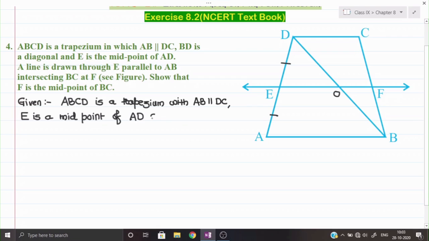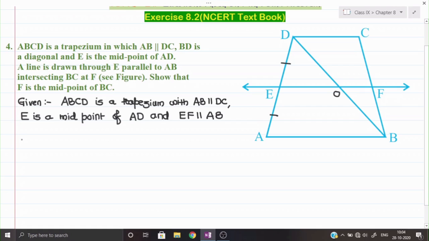And what else do we have? EF is parallel to AB. That is also given in the question. Once again, a line is drawn through E parallel to AB, the middle line they are talking about, so EF and AB are parallel.